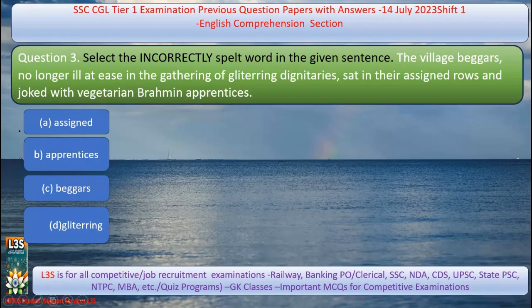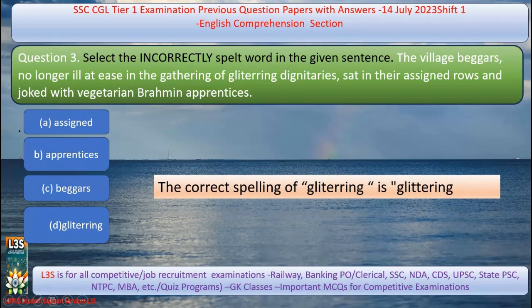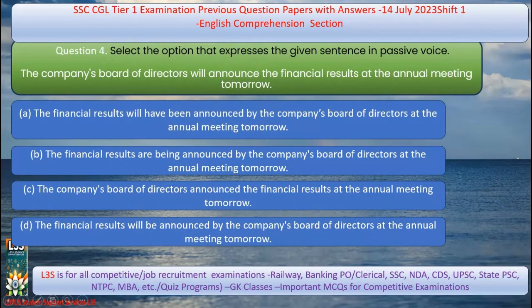If we see carefully, the word glittering is not correct. It should be GLITTERING. Select the option.